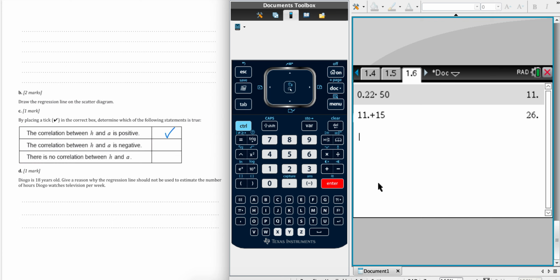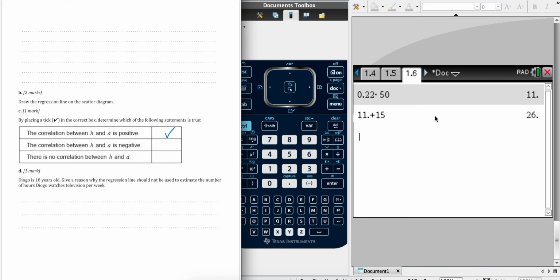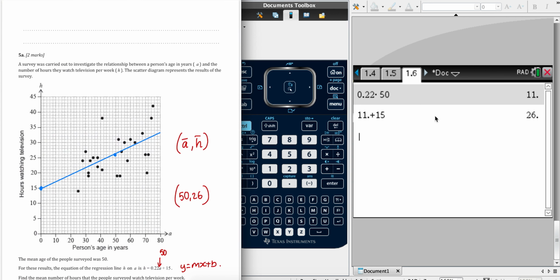And then for the last question, it says Diogo is 18. Give a reason why we can't use the regression line. So we're not able to use the regression line because all the values at the moment range between 20 something and 80.